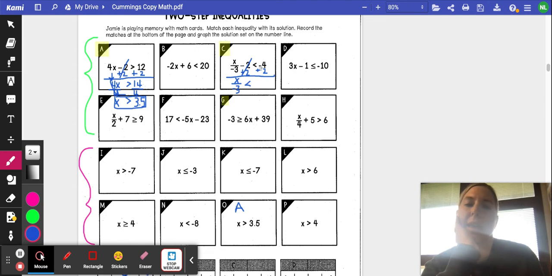And I know that -4 plus 2, if I do that in my calculator, I will get -2. The last step to get x by itself is to do the opposite operation. So this says x divided by -3, I have to do x times -3. Whatever I do to one side, I have to do to the other side.